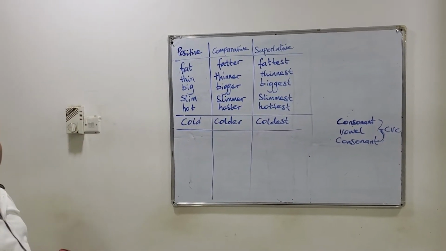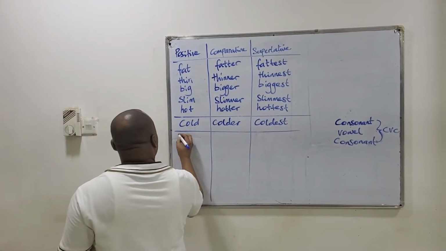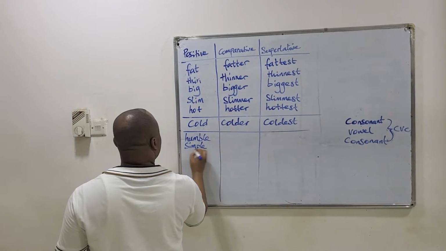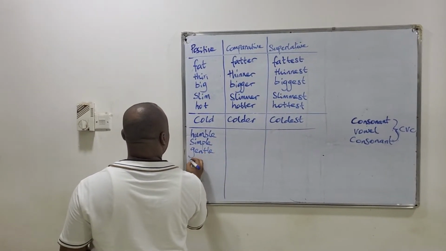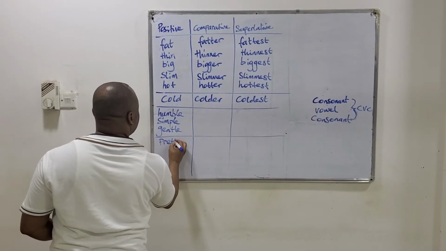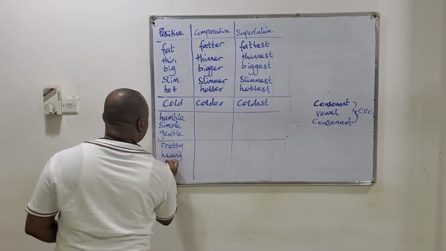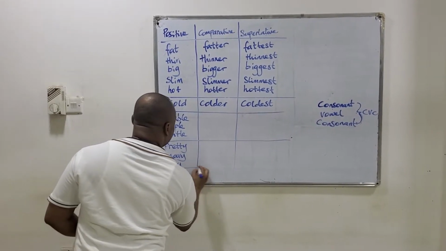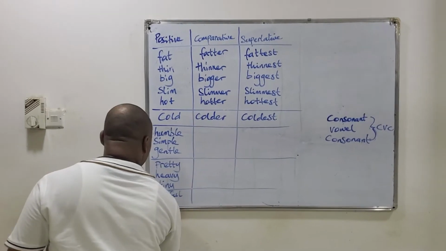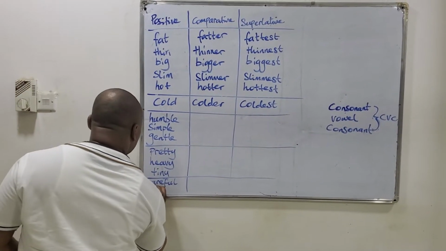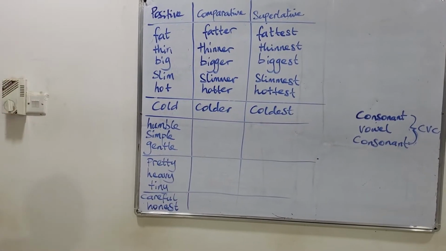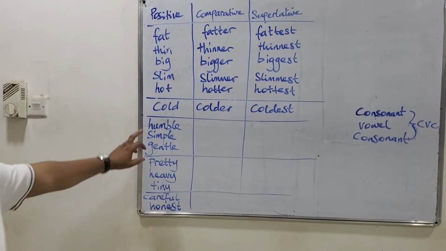We go over to the next group, ladies and gentlemen. When we have, for example, humble, simple, gentle, we look at the next group.